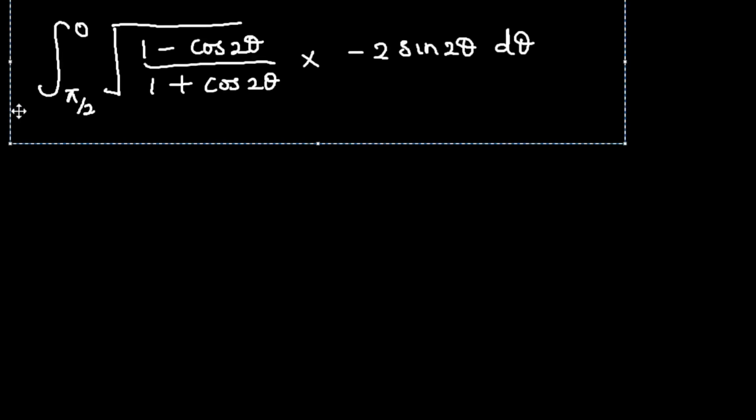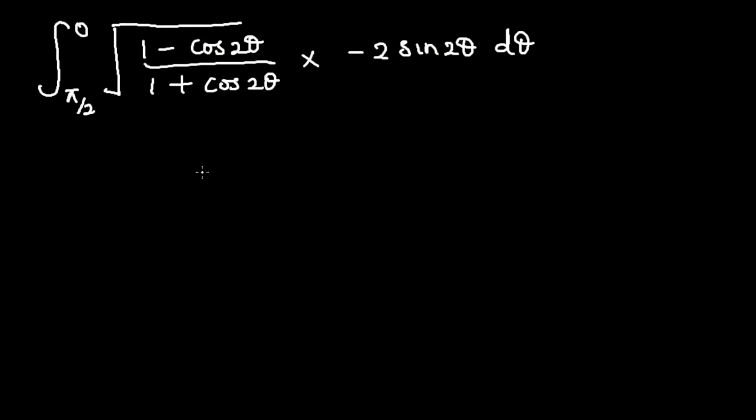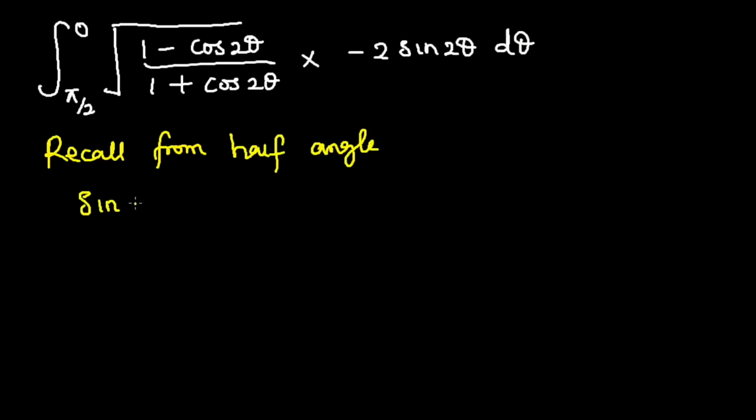Now, considering this question, what we'll do next is that we need to recall something very, very profound. Recall from half angle. If you recall from half angle, you remember that the sine of theta is equal to the root of (1 minus cos 2 theta) over 2.